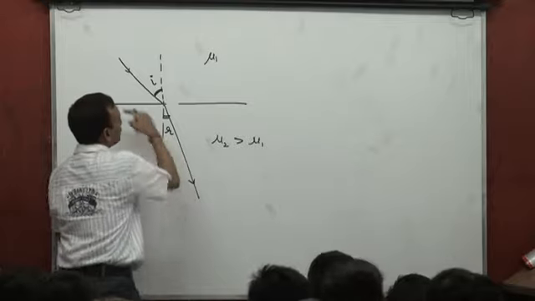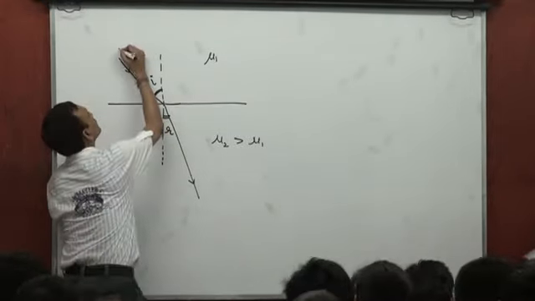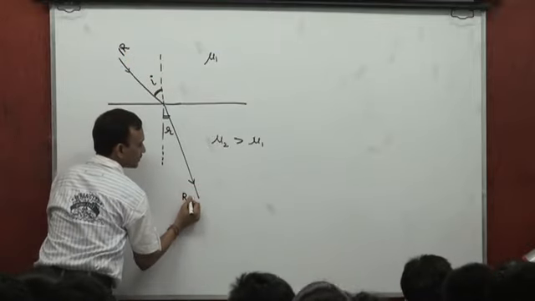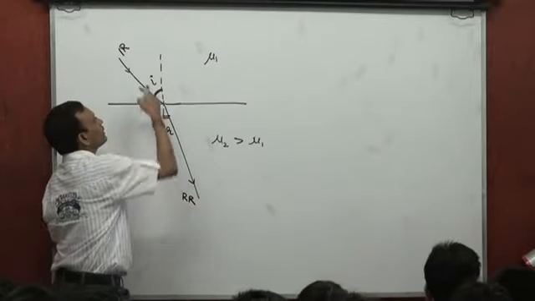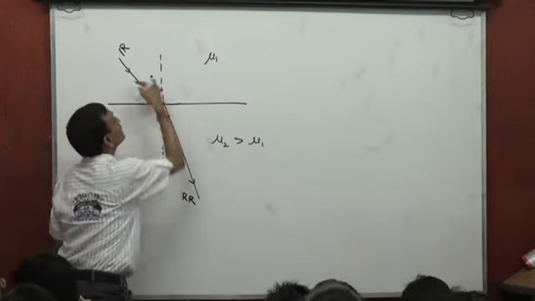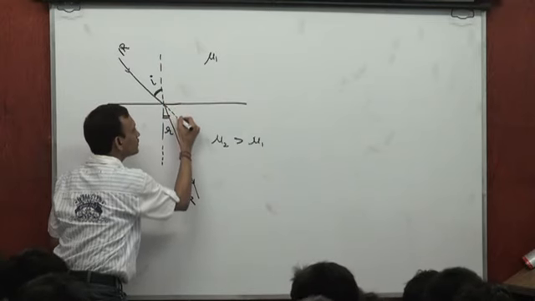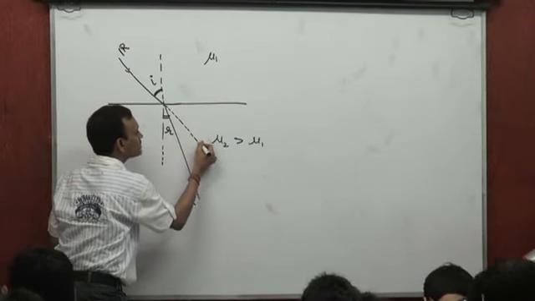Now, if the refraction had not occurred, this is the incident ray, this is the refracted ray, right? If the deviation had not occurred, then this ray would have propagated along a straight line like this.